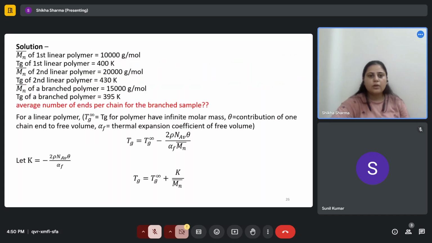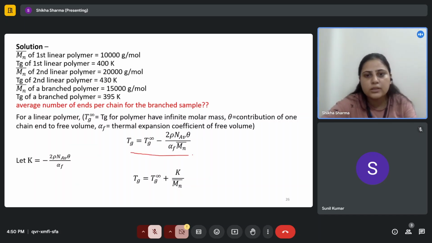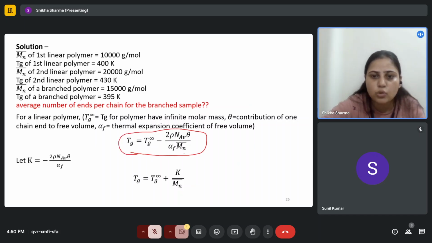So for a linear polymer, this is the equation for calculating the Tg in terms of the number average molecular weight. When we have the number average molecular weight, we calculate the glass transition temperature in this form, right?